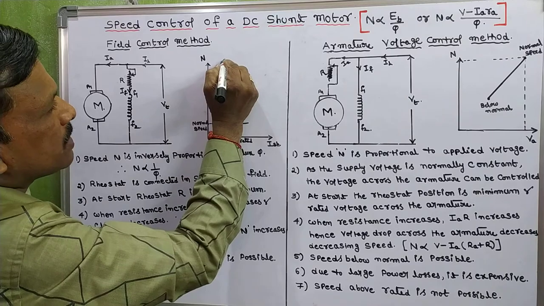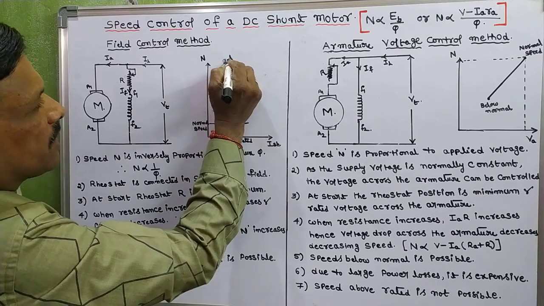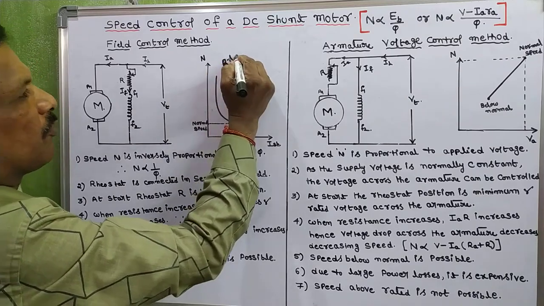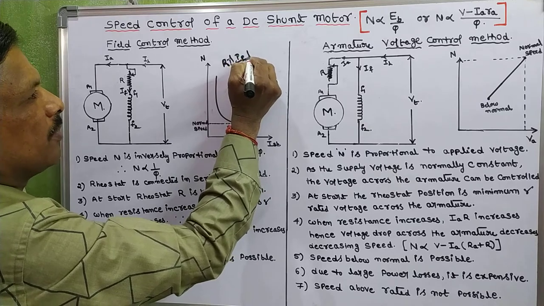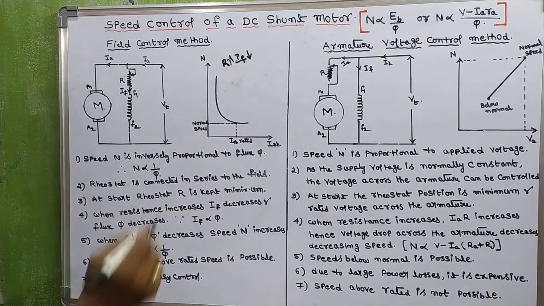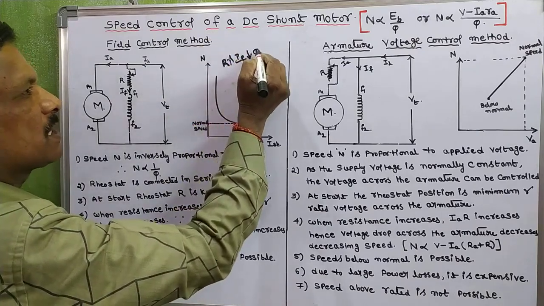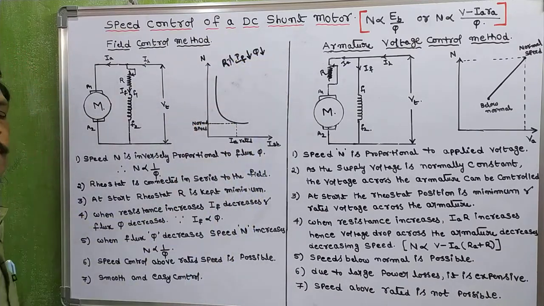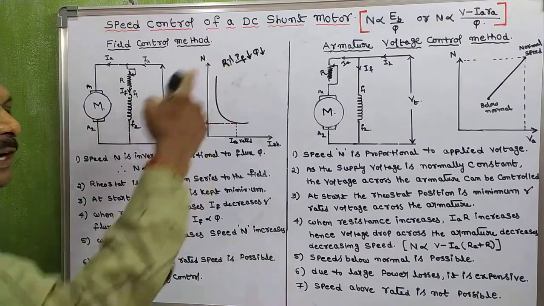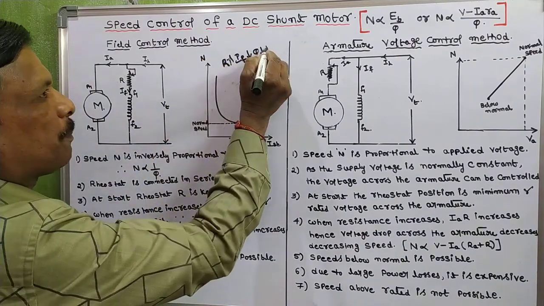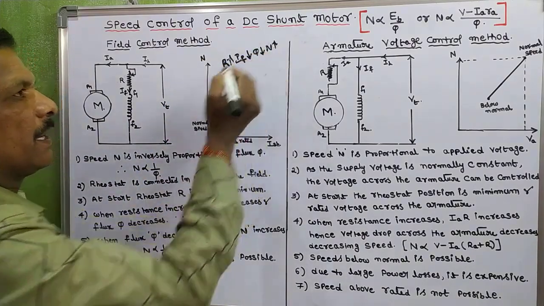When resistance increases, the field current IF decreases. When field current IF decreases, the flux phi decreases. When flux phi decreases, the speed N increases.